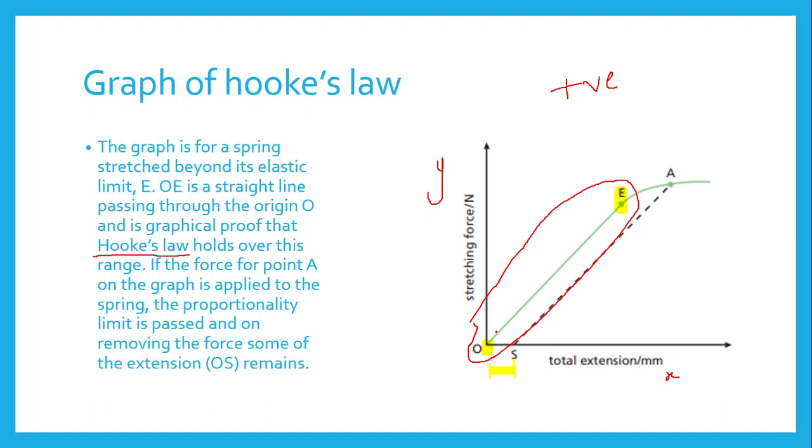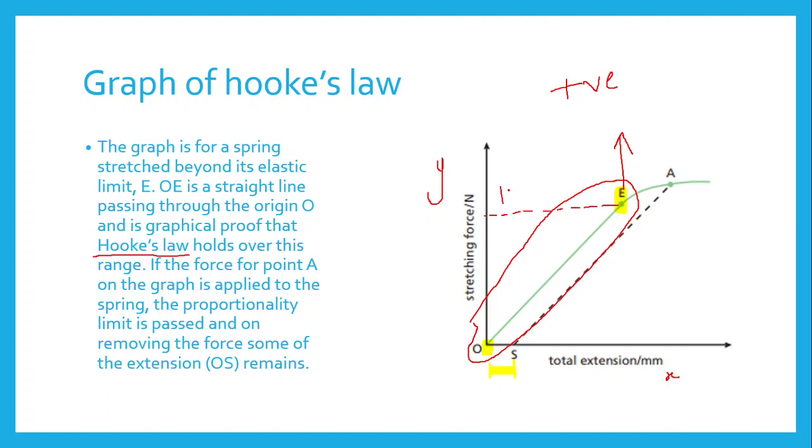Now, what happens after E, and what is this point E? Well, we've already discussed that E is that infamous point known as the limit of proportionality, or the elastic limit.